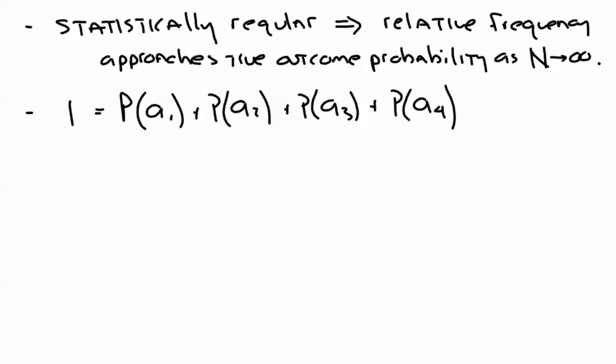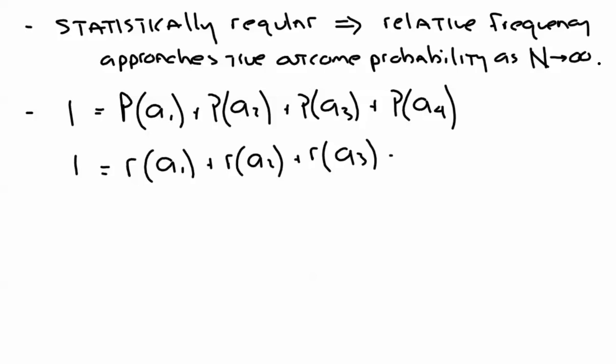It's 100% likely that one of those 4 outcomes will occur. And it is true also that 1 equals the relative frequency of A1 plus the relative frequency of A2 plus the relative frequency of A3 plus the relative frequency of A4.